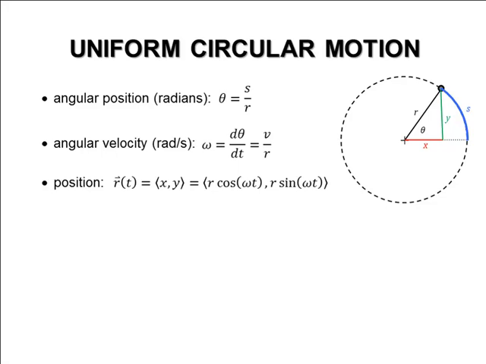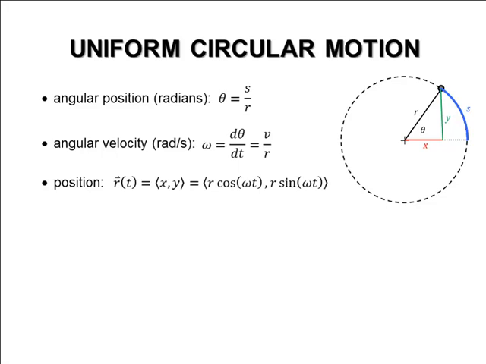If you're moving with a constant speed around that circle, that means omega, your angular velocity, will be a constant. And so at any given time, you take omega times t, that'll tell you the value of the angle, assuming you started at theta equals 0 at t equals 0. So in any case, we have r cosine of the angle, angle's omega t, that's the x coordinate, and we have r times the sine of omega t to get the y coordinate.